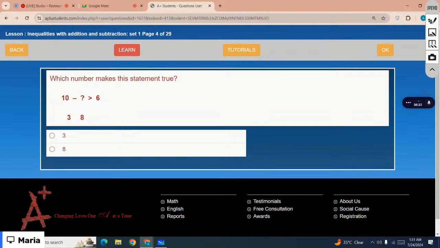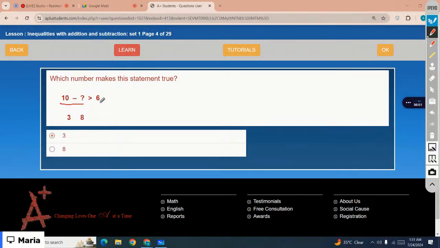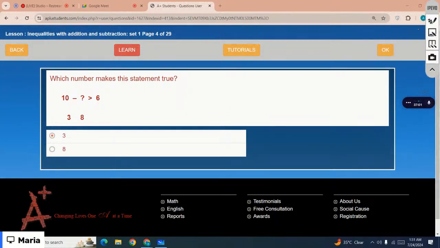Yes, that's option number 2. 10 minus 8 is... 10 minus 3, it is 7, which is greater than 6. Option number 1 is the correct option. How? You can see here, this is greater than 6, right? So 10 minus 3 makes 7, that is greater than 6, right? Option number 1 is the correct option. 3 it is.